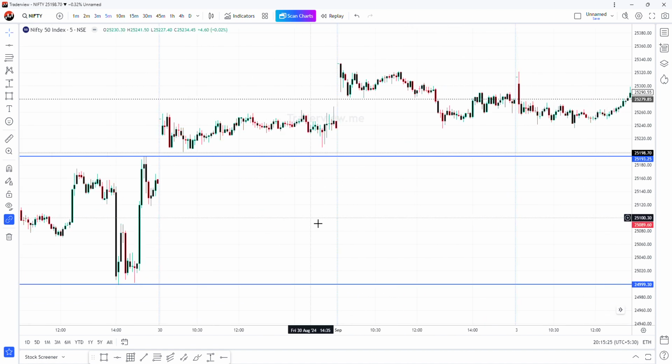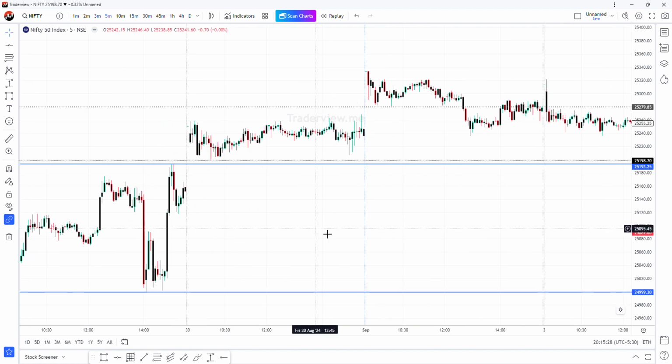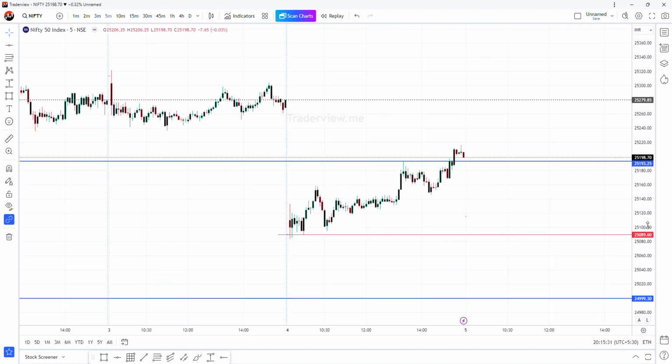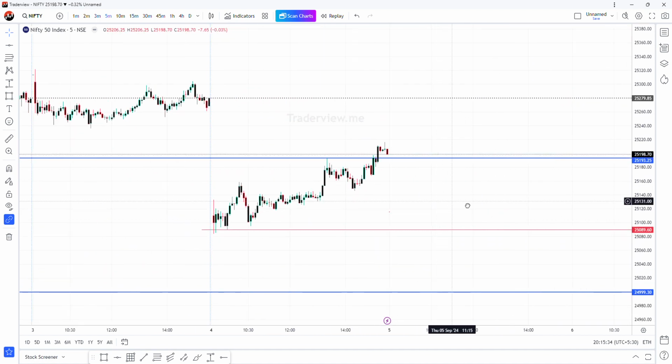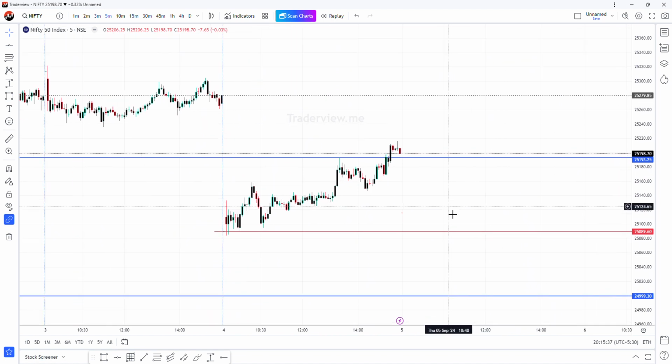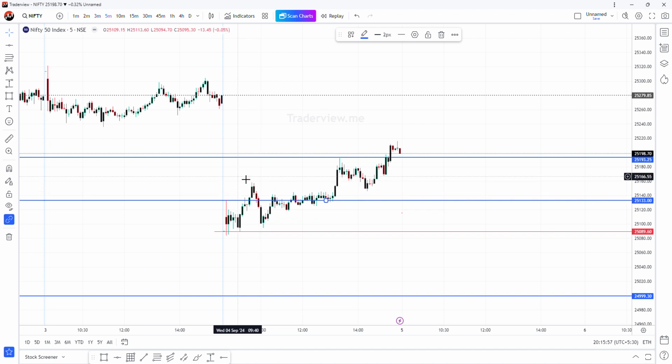Okay, I'm not considering any of the support or resistance here because now we need to identify the current structure of Nifty. Fine. The price opened here and started moving upward, retraced to the same position and took the support, and again it broke the day's resistance and started moving up, but the price doesn't sustain here, right? Again the price came towards this support, very near to the support.